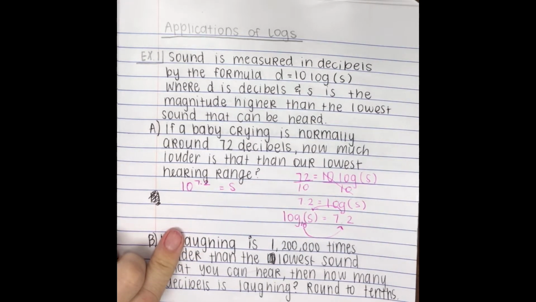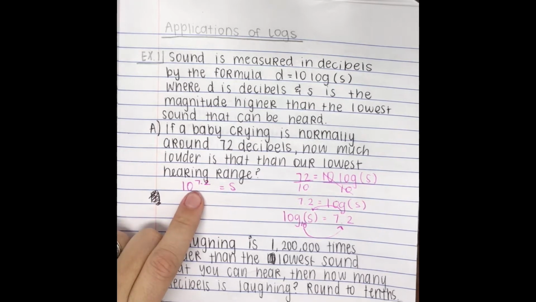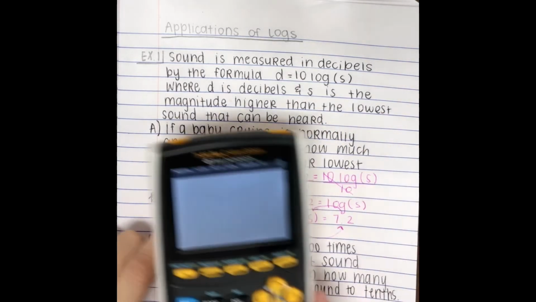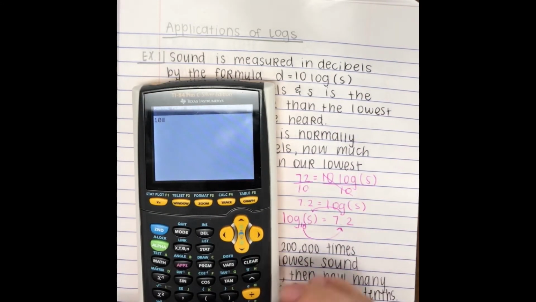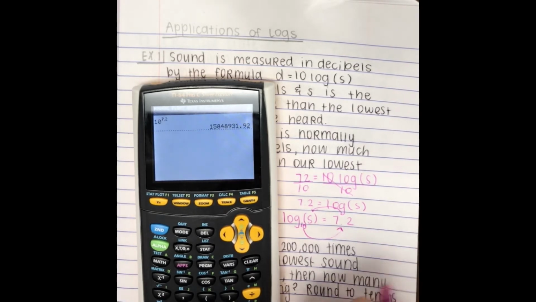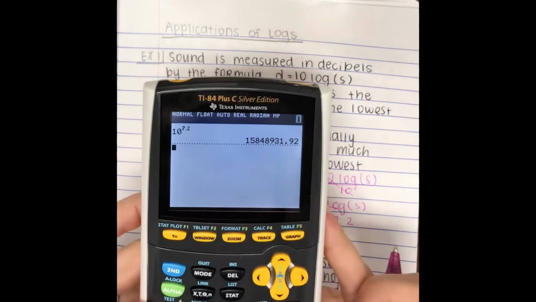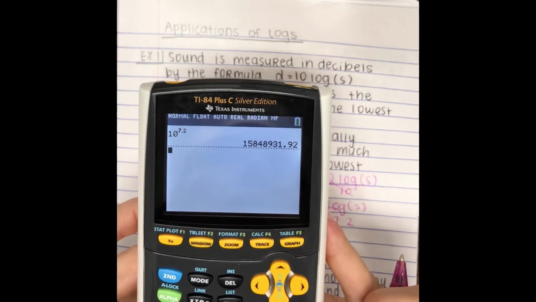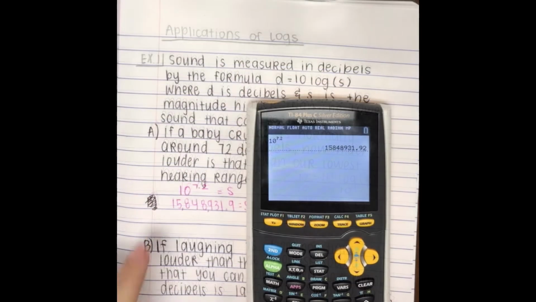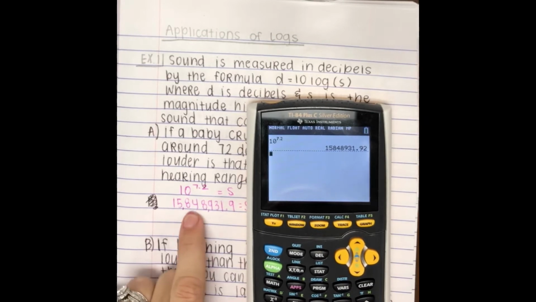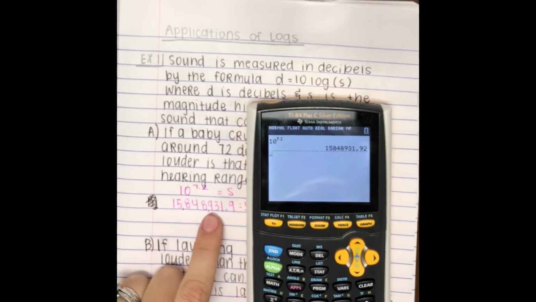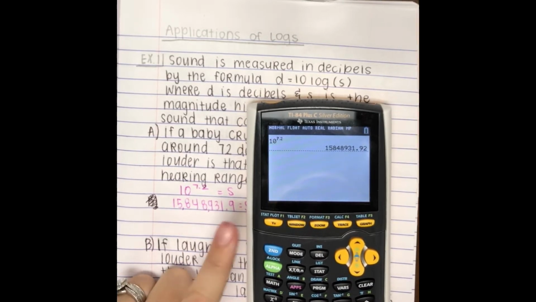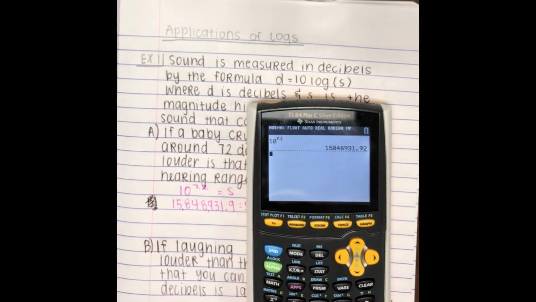Then I'm going to go into my calculator and type in 10 raised to the 7.2 power. And it gives me this big number: 15,848,931.9.